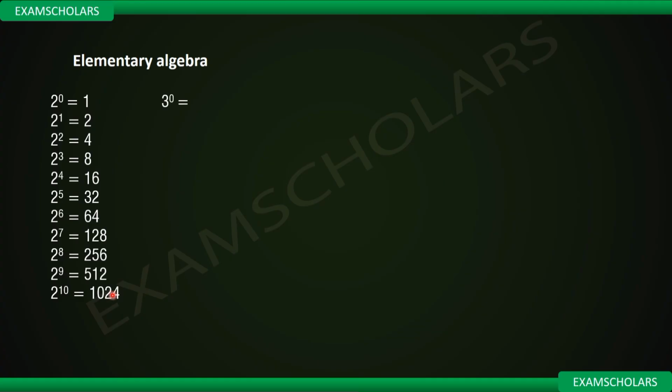Let's quickly do 3. 3 raised to power 0 is 1. Master this for indices and logarithm. 3 raised to power 1 is 3. 3 raised to power 2 is 9. And 3 raised to power 3 is 27. It's very simple. 3 times 3, 9 times 3, 27.